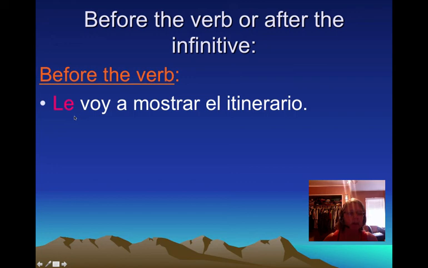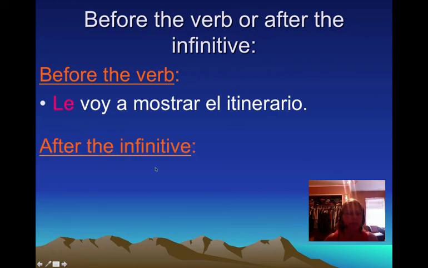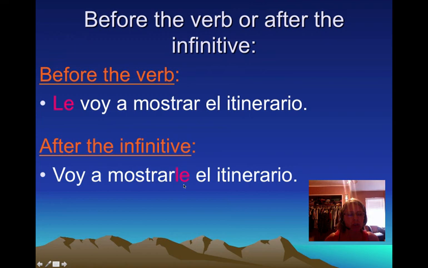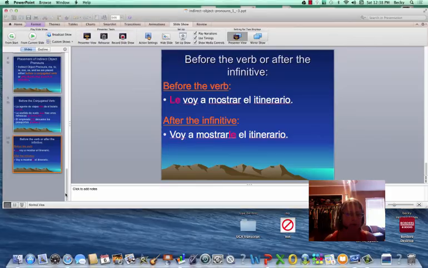Now, in este ejemplo, no saben que fue el objeto indirecto aquí, pero no es importante. After the infinitive, voy a mostrarle el itinerario. Notice that it's attached to the end of the infinitive, just like with objetos directos. Either one is fine. However, this is the more common way of using these pronouns.